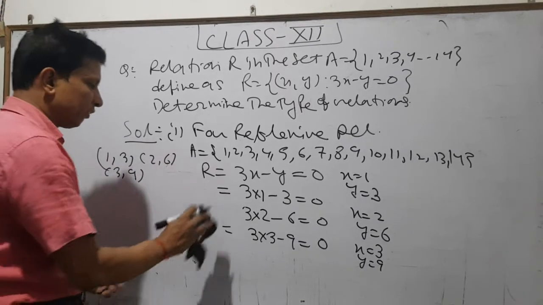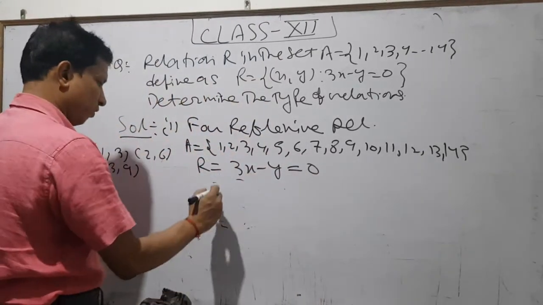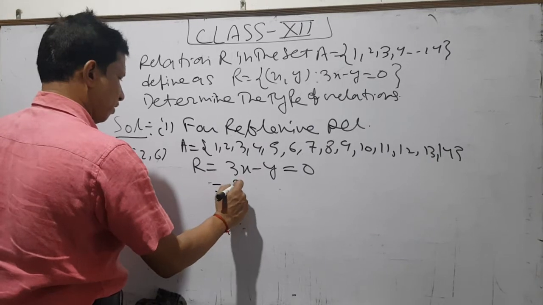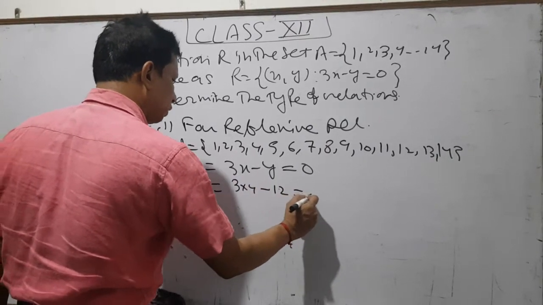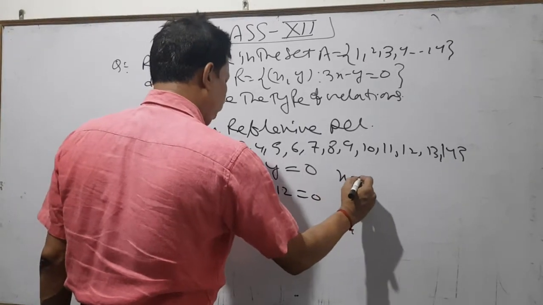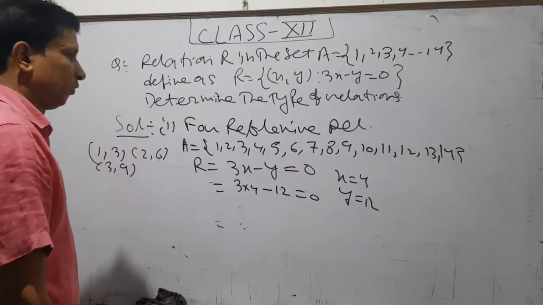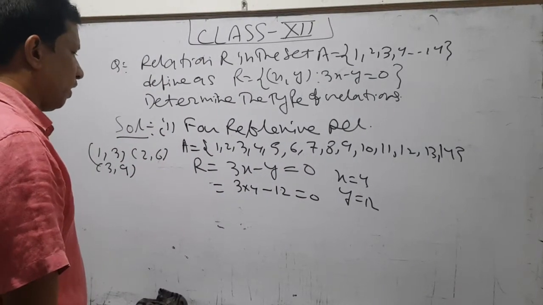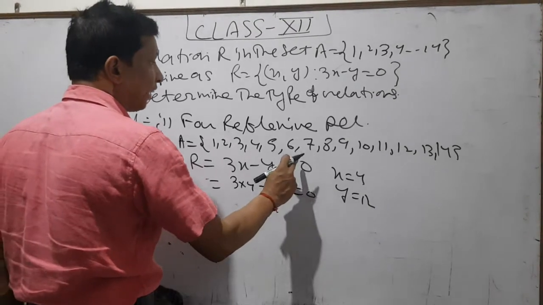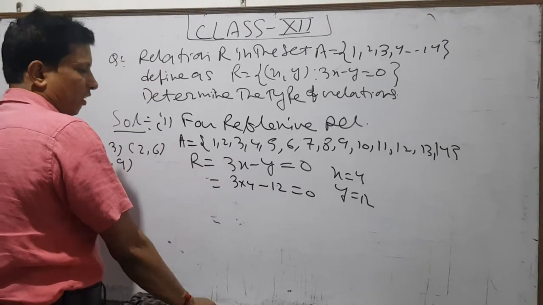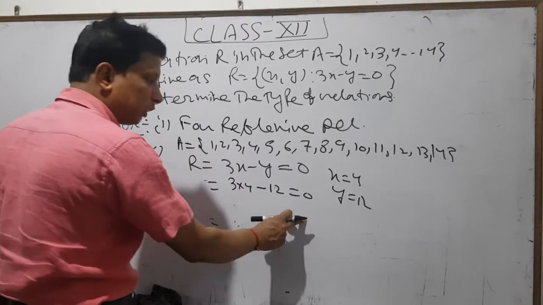And the next one, 3 into 4 minus 12 is 0. Here the value of x is 4 and the value of y is 12. And the next one, if we substitute x as 5, then y must be 15, and the answer is 0.